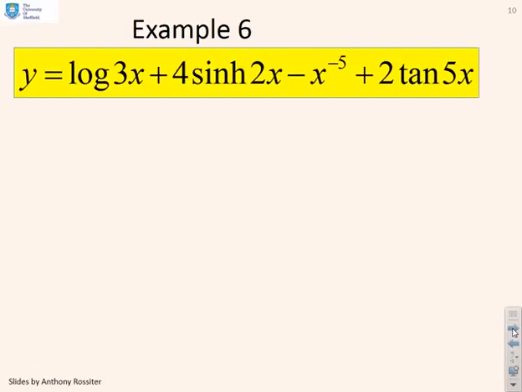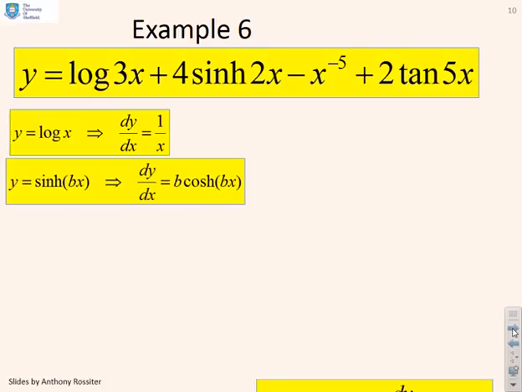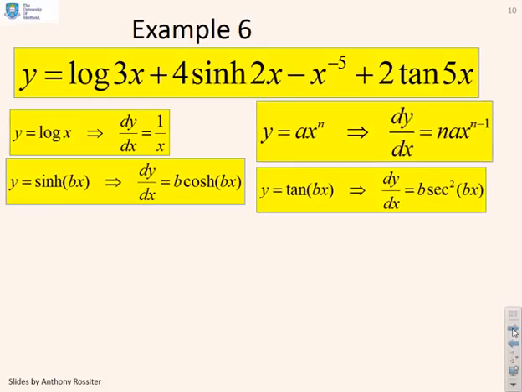So final example, example 6, and we've got some different functions here, and it's maybe going to take you a little bit longer, but we should be able to do this one again using the same rules. So there's the derivative for log from the table. The derivative of log x is 1 over x. There's the derivative of sine. There's the derivative for the polynomial, and there's the derivative for the tan. So I'm just going to write these down directly by using the formula.